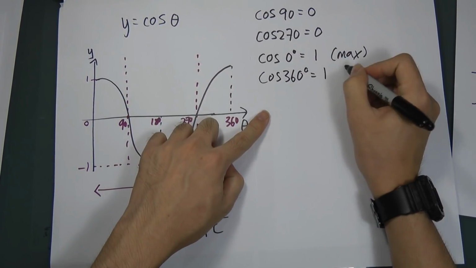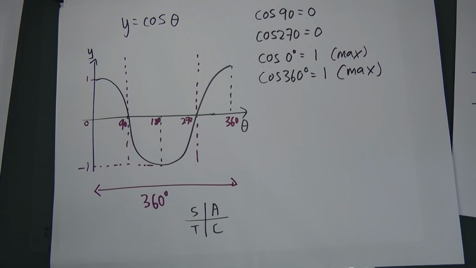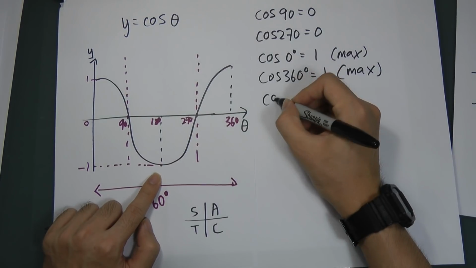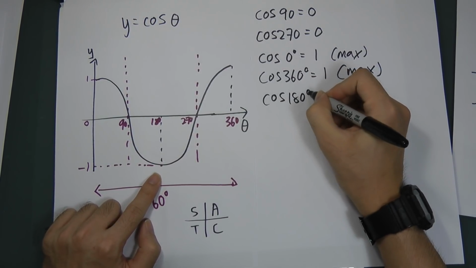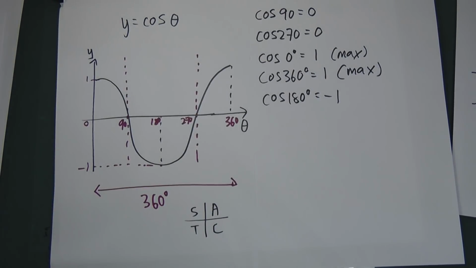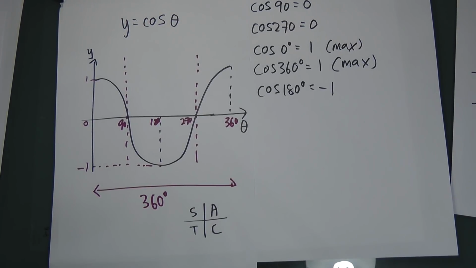You get 1, another point for the maximum. The minimum is at 180, so cos 180 gives us -1. If you don't believe this value, just press the calculator. It's very easy to memorize also.